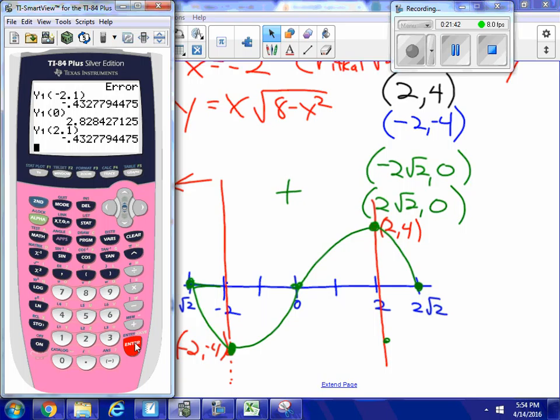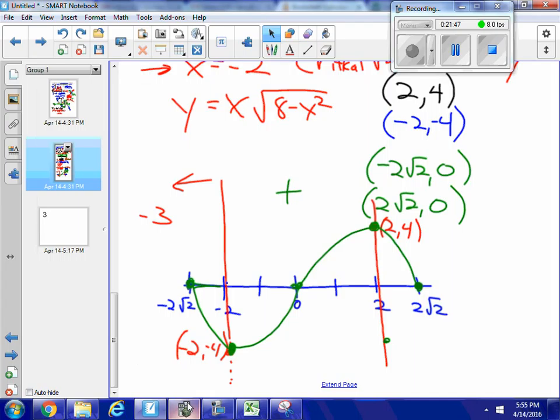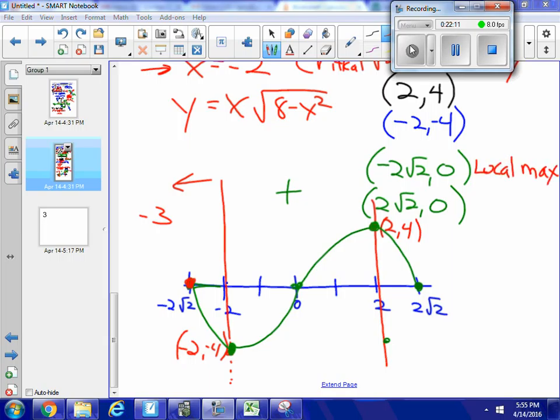So it looks to me like on this graph, these are my critical points right here. At the point -2, -2 radical 2, this point right here, it looks to me like I have a local maximum, because everything from that point is starting to go down. And at this point right here, -2, -4, I have an absolute minimum.